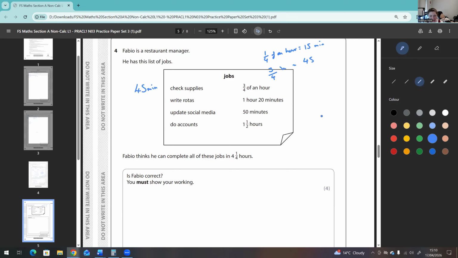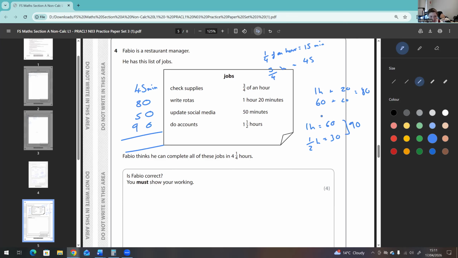I know that writing rotas is 1 hour and 20 minutes. 1 hour is 60 minutes, plus 20 is going to give us 80 minutes. Update social media is already in 50 minutes, so that's nice and easy. And then do accounts. I know that 1 hour is 60 minutes and that half an hour is 30 minutes. Add it together, 90 minutes.